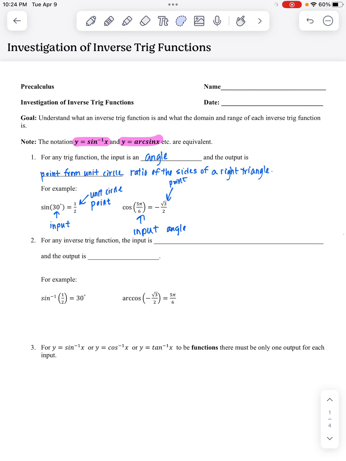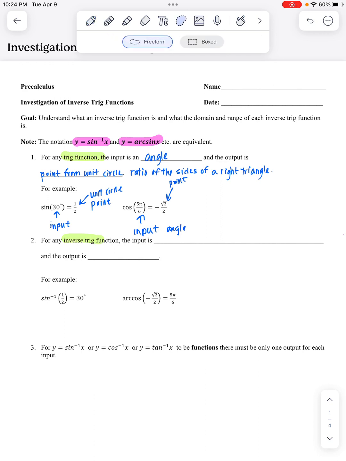So for an inverse trig function, so keep in mind here we're talking about a regular trig function, and then down here we're talking about an inverse trig function. And if you recall back to when we reviewed inverse functions, an inverse just flip-flops the input and the output.